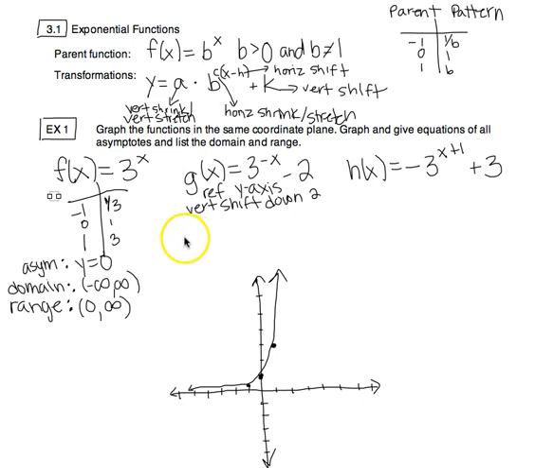Now, whenever I have a reflection in the y-axis, what that does is that changes my x-coordinates. If you think about it, when I look at my parent pattern, if I'm writing them out as I usually would, it has the same b, so the parent pattern is the same. But anytime we have an a value or a c value, that shrink or stretch, remember that we multiply the coordinates by the factor. So a reflection in the y-axis is really just multiplying the horizontal coordinates by this factor.